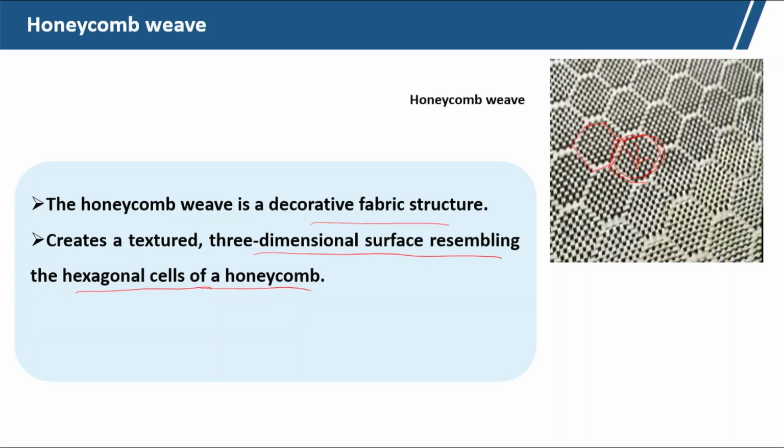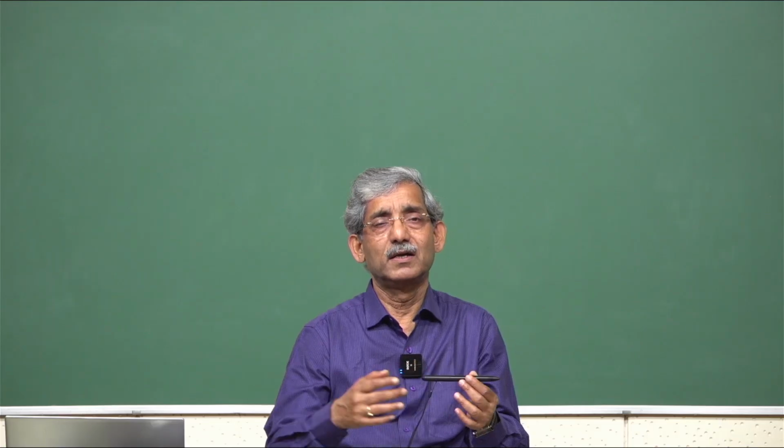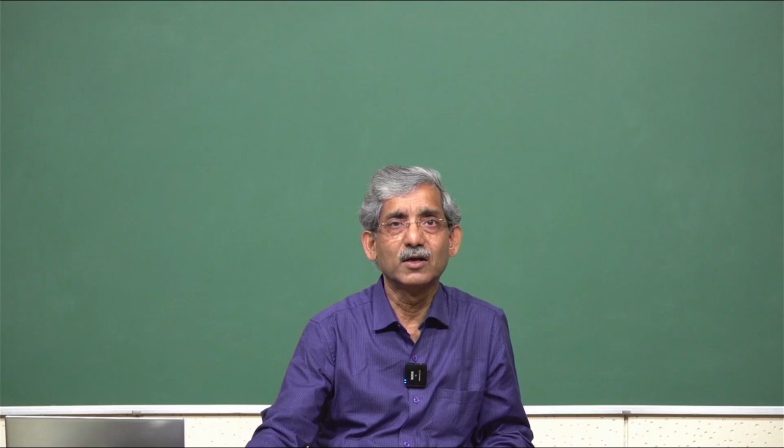These 3-dimensional structures will be created. This effect is achieved by combining plain weave, twill weave and float pattern. So, these weaves are combined, okay, to create this honeycomb weave.